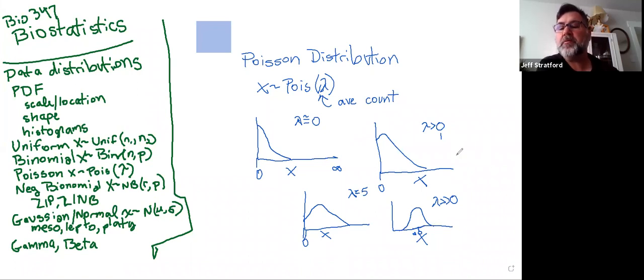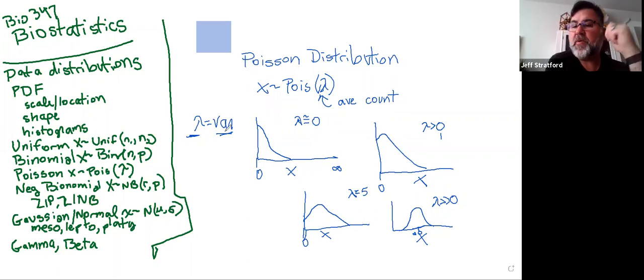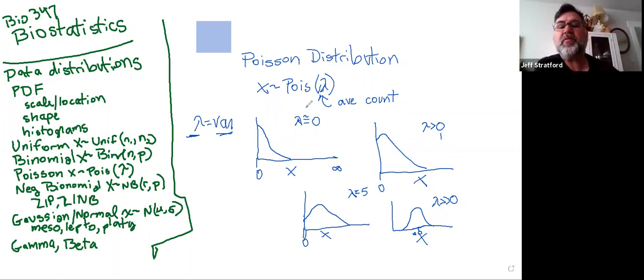The important thing about the Poisson distribution is that lambda equals the variance. The variance is the spread in your data. This is the location parameter. So in Poisson, you have a special case where your location parameter and your shape parameter take on the same values. So you always have a very predictable shape. That's why I don't have to tell you the shape for the Poisson. I just tell you the average, and you automatically know the variance.